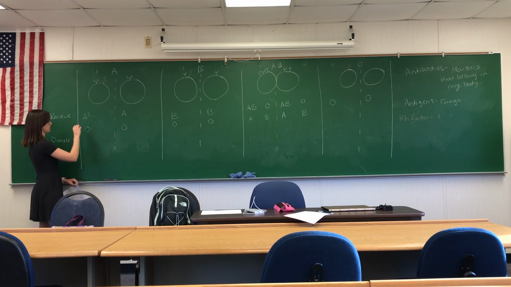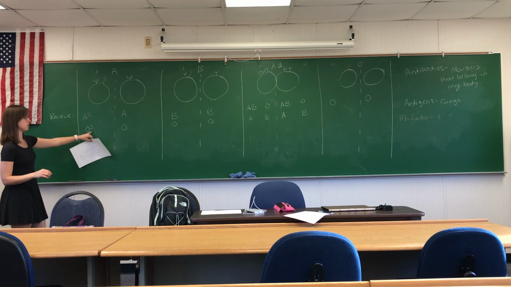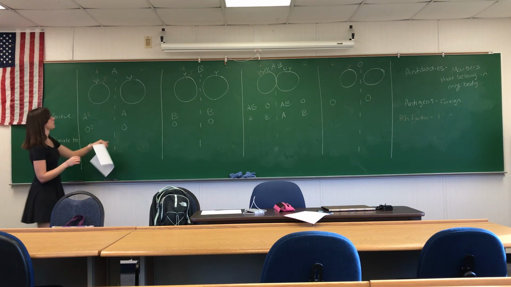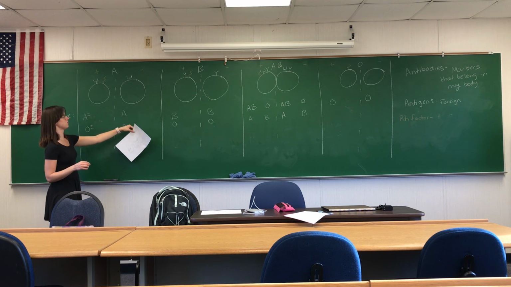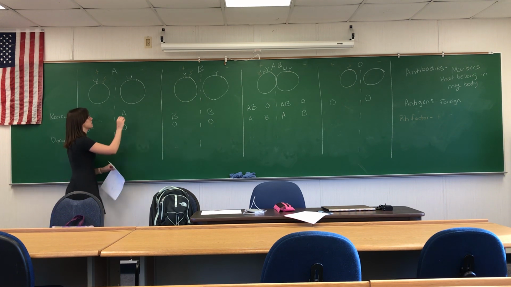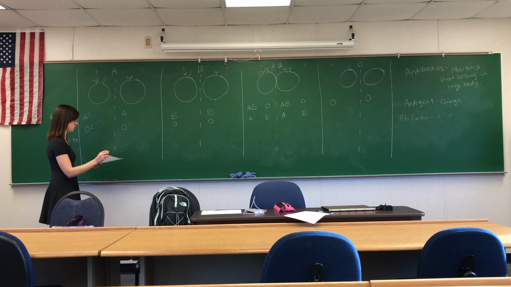And it can receive from O blood, O positive and O negative. So it can receive from A positive, A negative, and O positive, O negative. And A negative blood, who can A negative blood receive from? A negative can only receive from itself and from O negative.